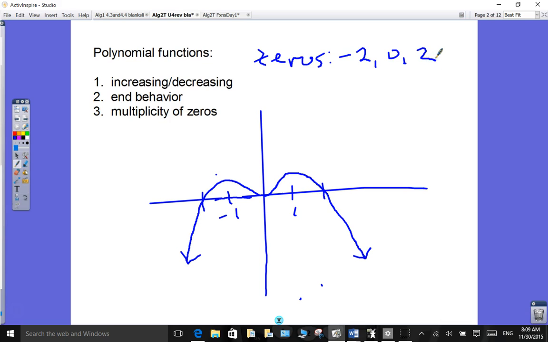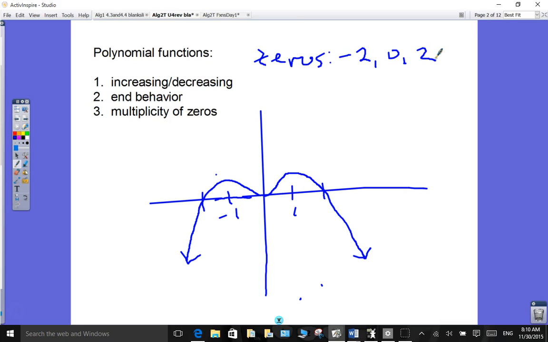But again, look at the graph, right? At these 2 zeros, the graph is going right through the 0. It's changing sign, going to the opposite side of the x-axis. But that one is not. What does that tell you? What's the multiplicity of that going to be? Even, right?